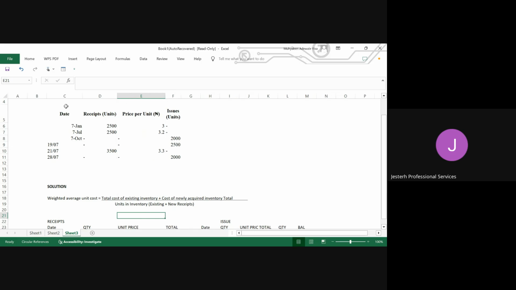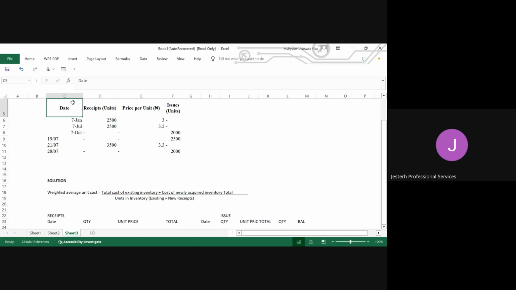Let me just say they were able to purchase raw materials for Victory.